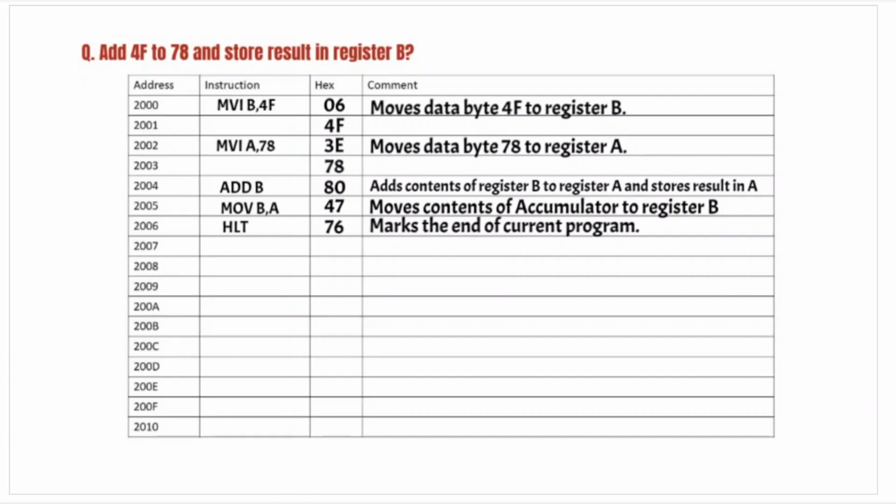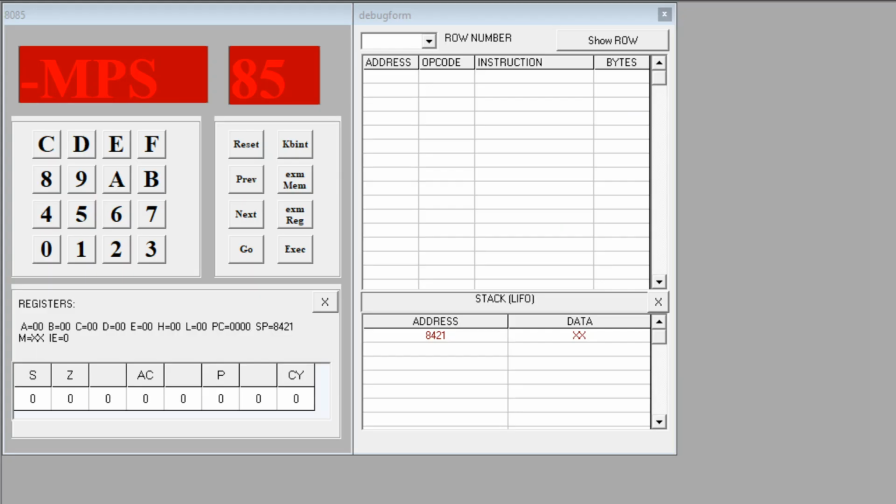And secondly, one more thing you need to note in this case is that this 8085 simulator allows us to access only the memory locations from 8000 to FFFF.